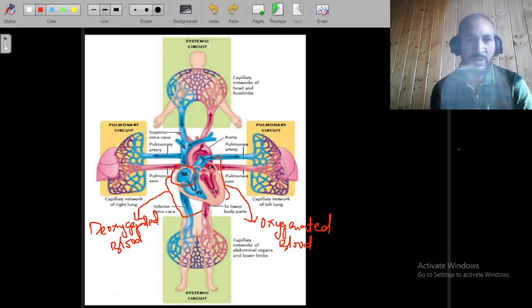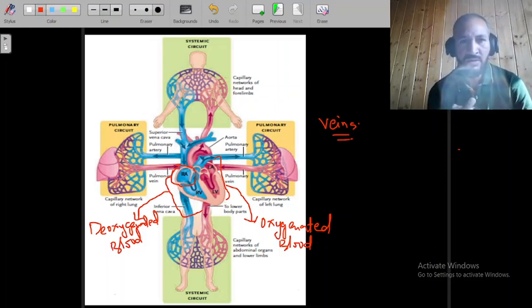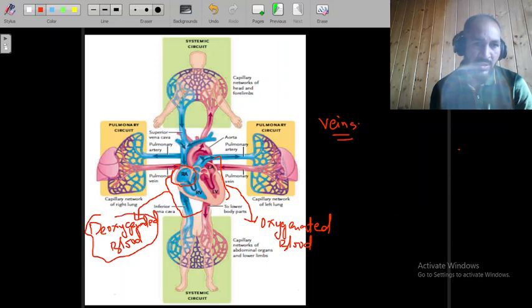Those blood vessels which bring blood to the heart, we call them veins. So veins will be bringing this blood to the right part of your heart, this blood which is deoxygenated, which contains very little oxygen.